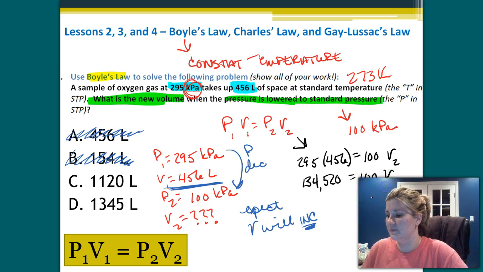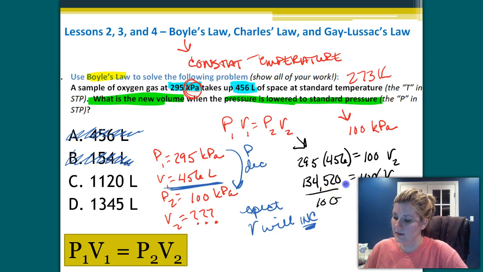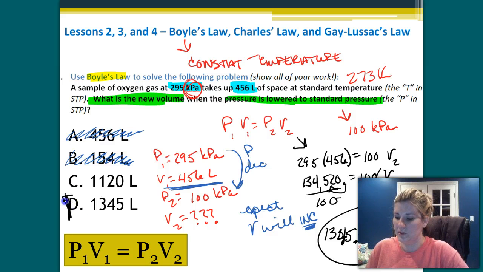We have to divide both sides by 100, because that's how we do algebra, to solve for V2 or to solve for x. Dividing by 100 actually just moves our decimal point 2 places to the left. So our answer is 1345.2. And this is going to be in liters because those are our volume units. That is one of our options. That is the correct answer.